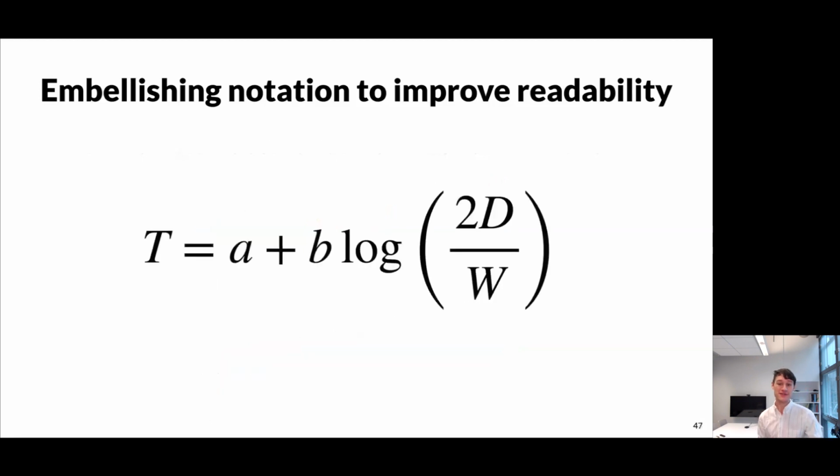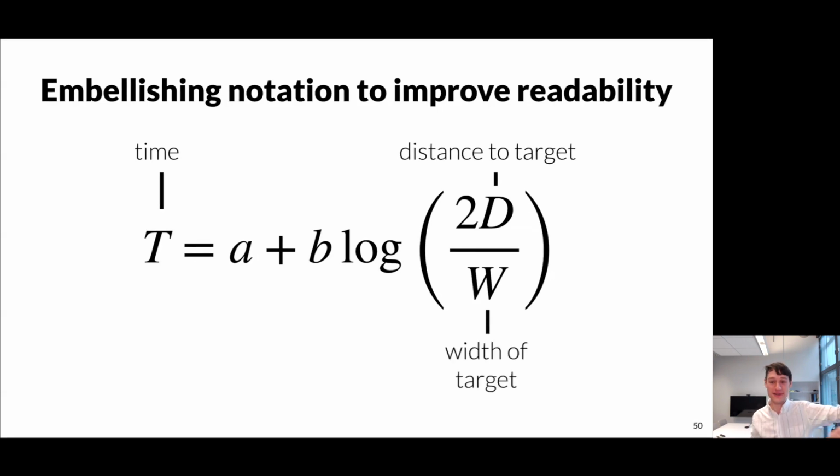To apply this back to my favorite example from HCI, Fitts's law once again, for those of you who haven't seen this before, we could unpack the meaning of it by saying something like, the time that it takes to point to a particular target on a screen increases as you increase the distance to that target. It decreases as you increase the width of that target, you make it more broad.